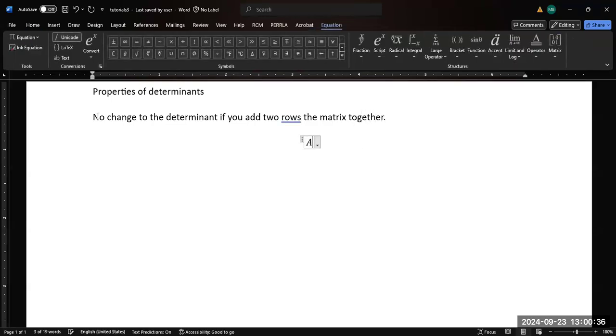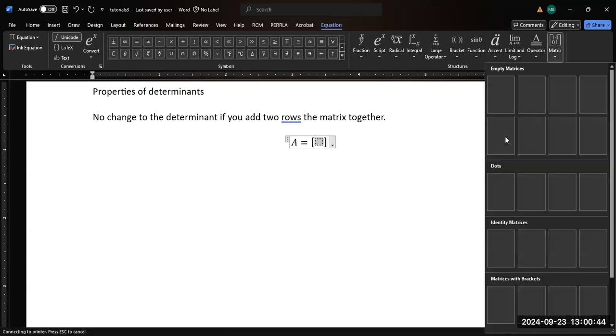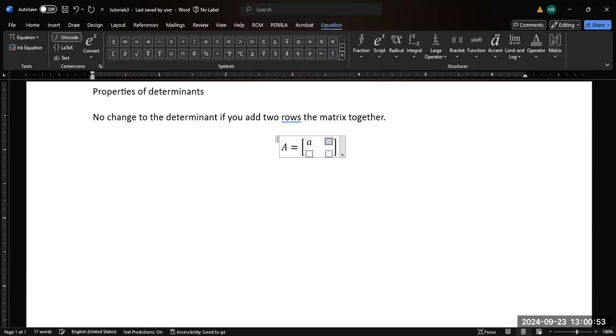So let's say I have matrix A. We'll just use a 2 by 2 example, so that we don't have as much typing to do, but it should illustrate the point for us. Our base matrix will just have entries A, B, C, D.